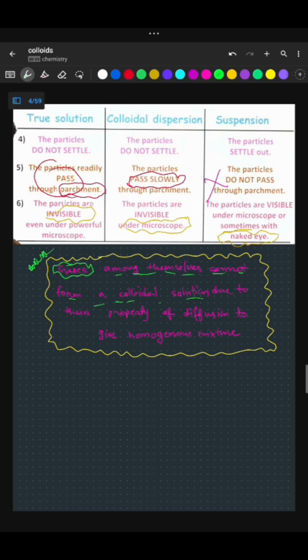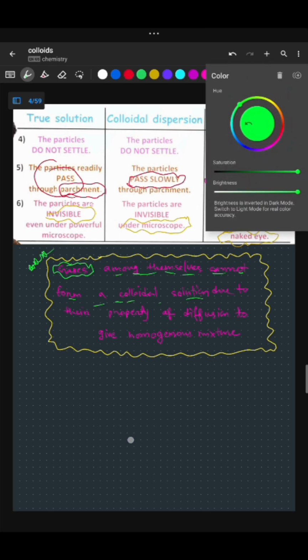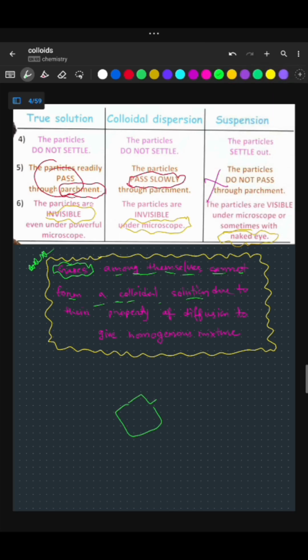What diffusion means is that if we take a pot like that and put gas molecules inside, it will diffuse, it will spread and come out like that. By spreading out, it goes from high pressure to low pressure, which literally balances out between them and results in a homogeneous mixture where everything is balanced out.